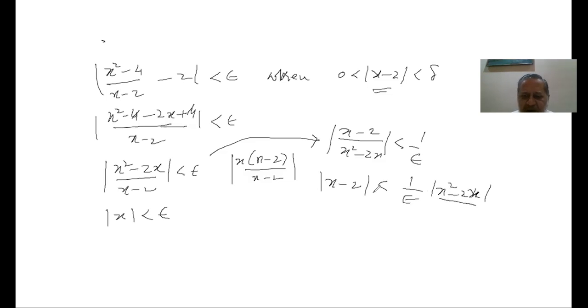Now, when x is very, very close to 0, this number is going to be small. And now x is very, very close to 2, 4 minus 4, and it is small. We can define this as delta.